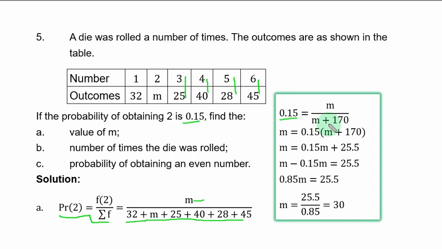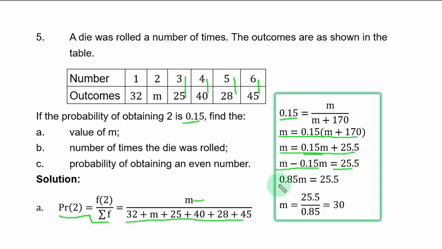170. You can cross multiply to clear the fraction, and you have m equal to 0.15 times (m plus 170). If you open the bracket, you have m equal to 0.15m plus 25.5. Collect like terms, you move this term to the left, you have m minus 0.15m equal to 25.5.